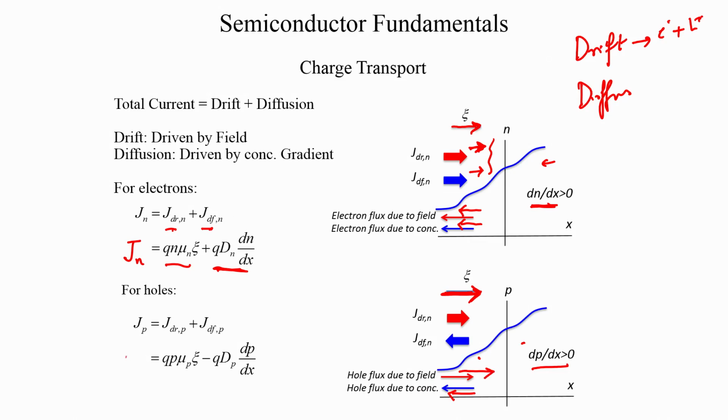Therefore, the total hole current is going to be the drift current due to holes plus the diffusion current due to holes, but the diffusion current has got a negative sign, and therefore, you have q p mu p into electric field minus q D p dp by dx being the total effective current due to holes. So, that is a quick summary of the different current mechanisms.